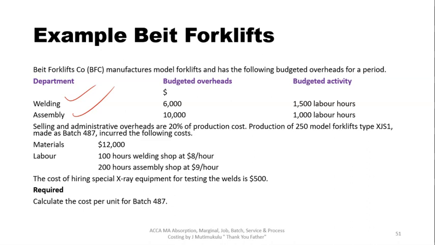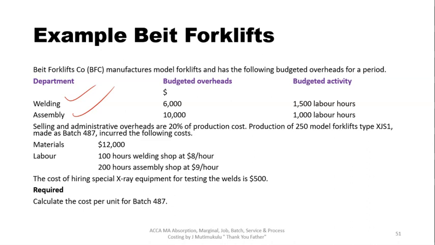Production of 250 model forklifts type XJS1 made as batch 487 incurred the following costs. Those are the costs. The cost of hiring special X-ray equipment for testing the welds is $500. Calculate the cost per unit for the batch.